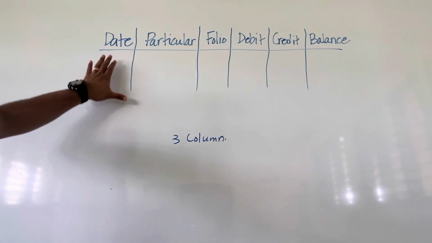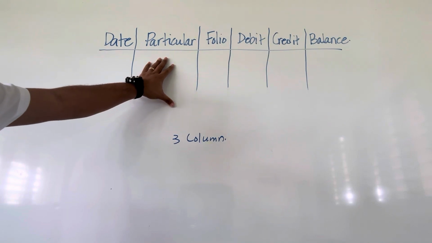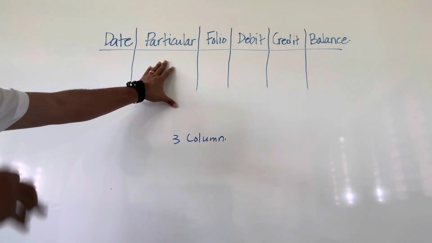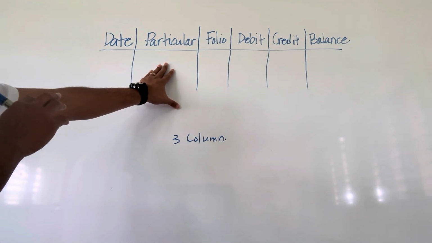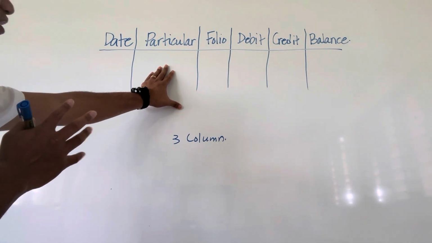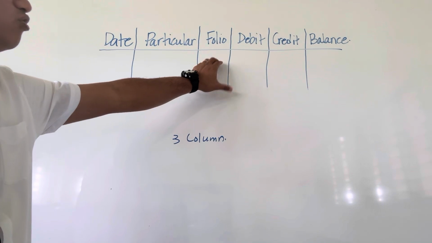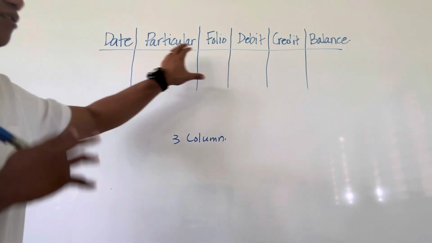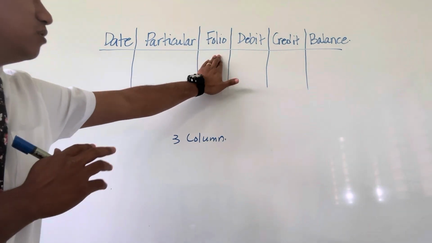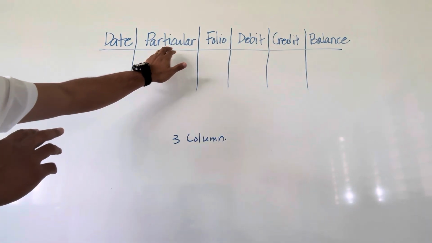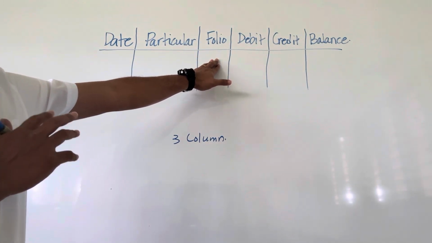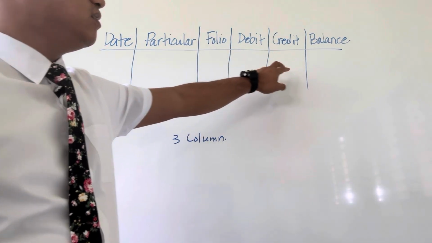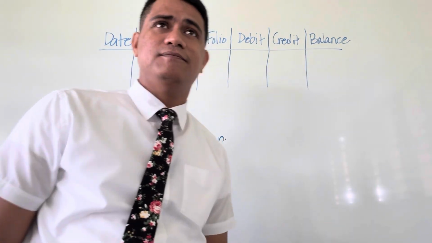On the date, we record the daily transactions. Particulars are the accounts affected in the transaction. The folio is the numerical register, like the account numbers from the chart of accounts, and then debit, credit, and then the balance.